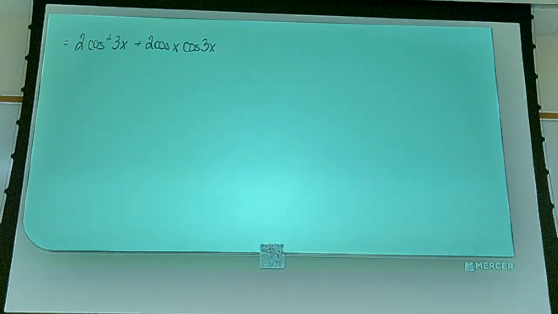And notice we have a 2 cosine 3x common that we can now factor out. I guess I didn't need to switch that order, but whatever. That leaves us with cosine of 3x plus cosine x. Use your sum of product identity.